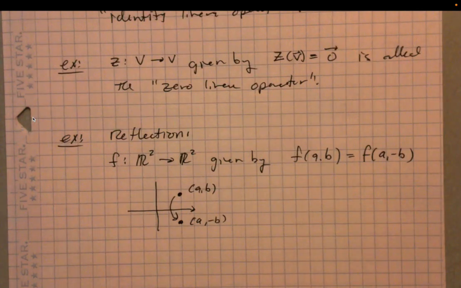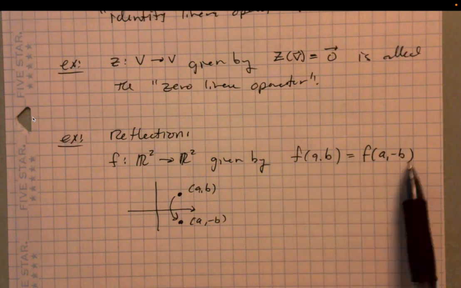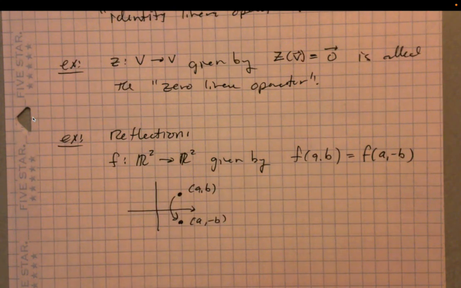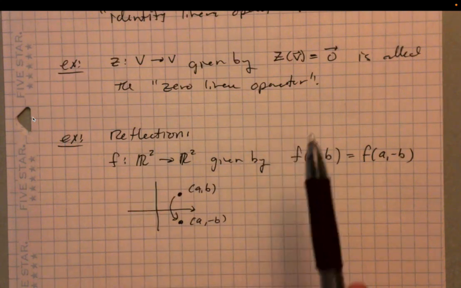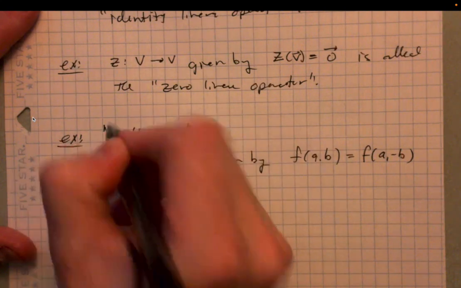So you can see how this is a simple reflection. Maybe it isn't obvious, but it is a linear transformation, and it's a linear operator because it maps R2 onto R2. So that is an example of a linear operator, specifically the case of reflection.